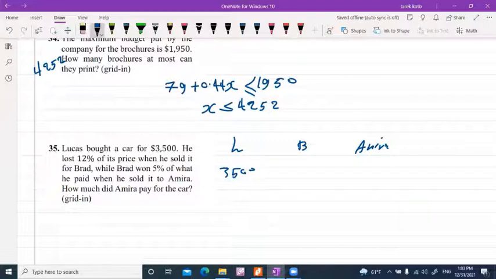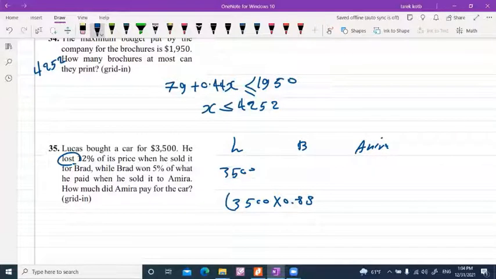He lost 12%. When he lost 12%, you have to multiply this number by 0.88. So it will be 3500 times 0.88, which is the difference between 100% and 12%. This is the new price for Brad.